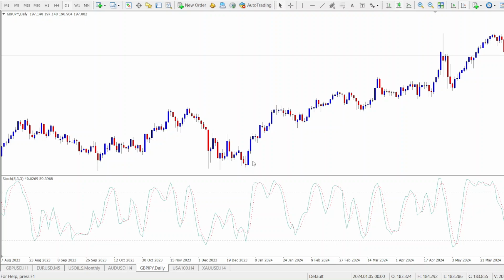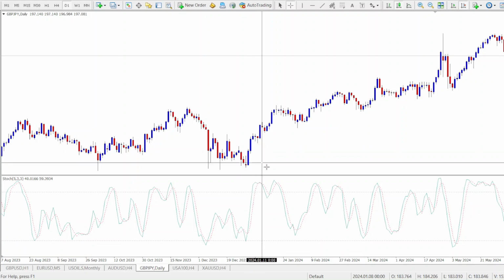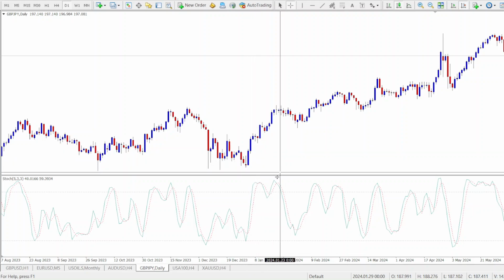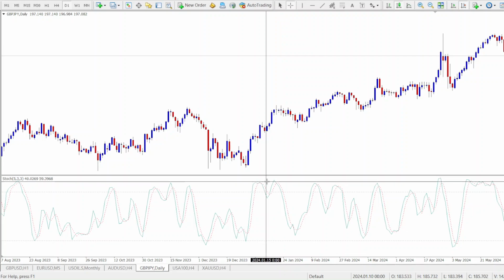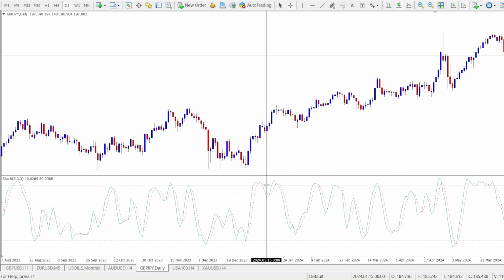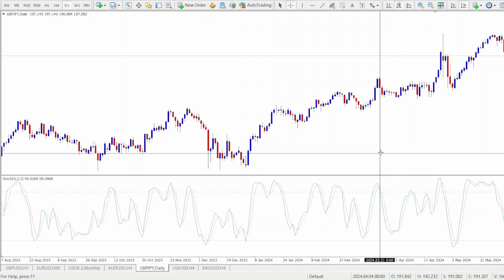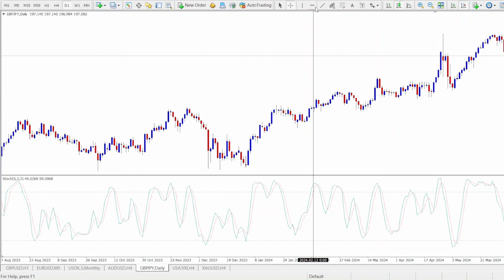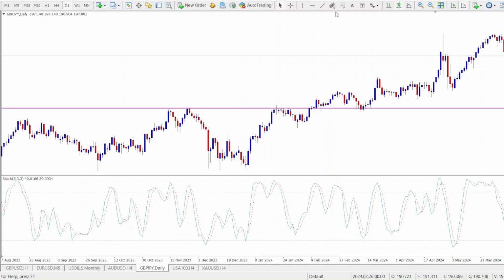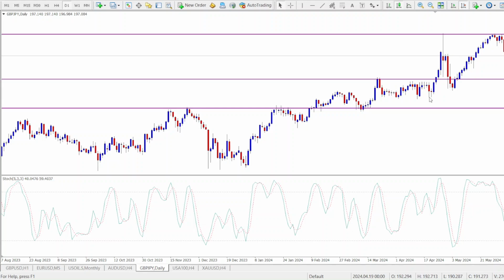So we can see that right after that crossover, we would have considered entering a buy and then setting stop loss below the swing low. And for the take profit, we can decide to wait until the stochastic enters the overbought territory and a bearish crossover occurs. You can also use other indicators to confirm your exits, and you can also use support and resistance zones. These are very important zones for a trader who uses technical analysis.